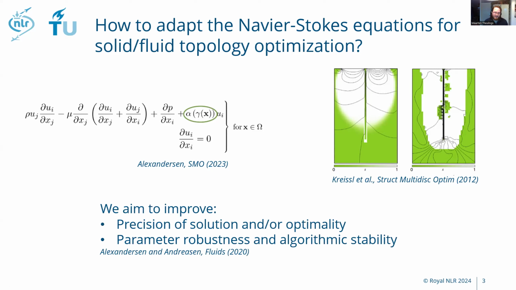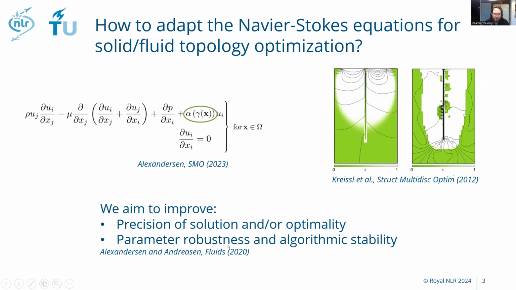So that's what I was looking into, and then I also found that big review paper, and there are two questions there that I found interesting and wanted to look at. I wanted to improve the precision of the solution and the optimality. So precision: not too much flow going through the solid domain, and optimality: no convergence to these ill-performing local optima.